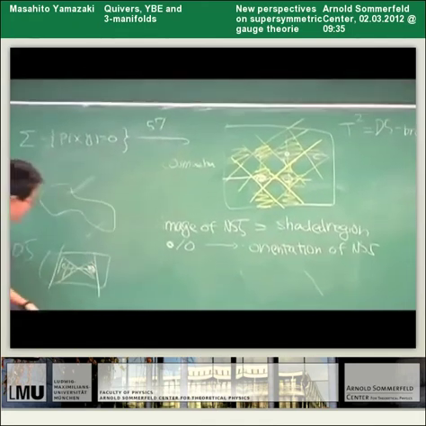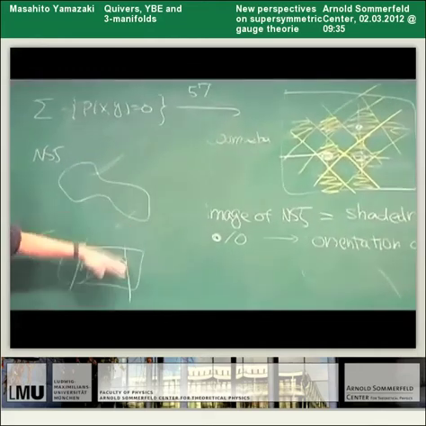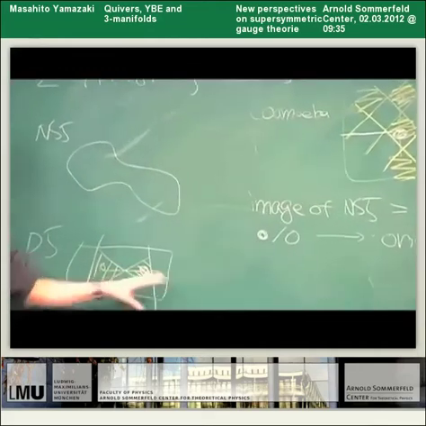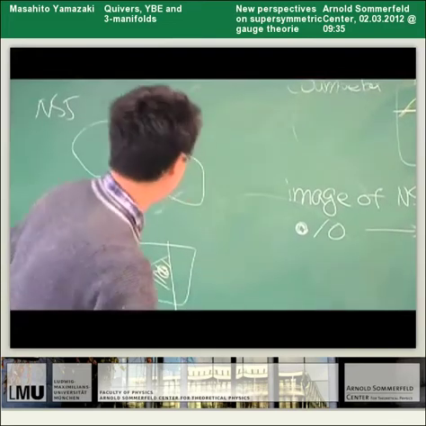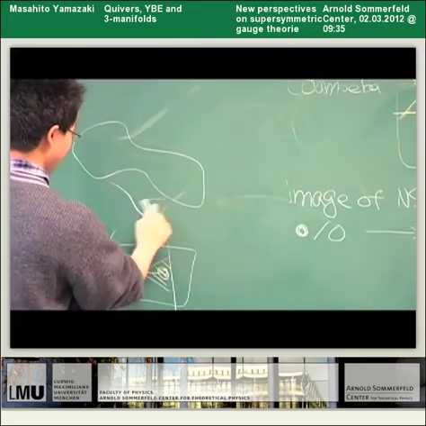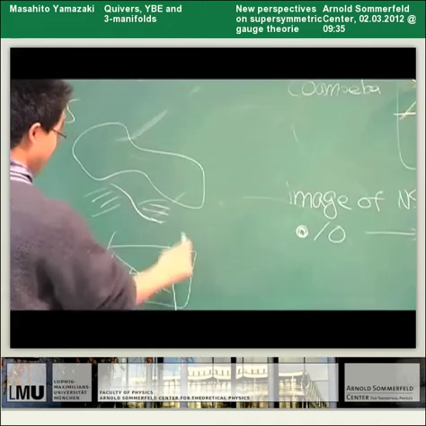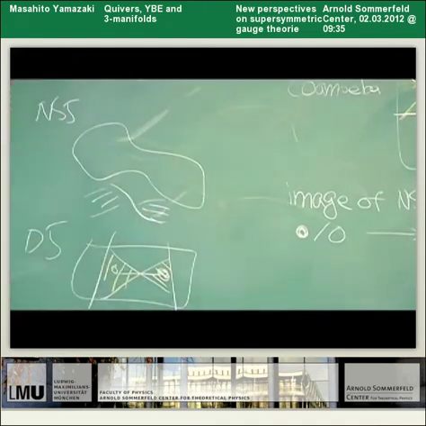In some regions, the orientation of the NS5 brane coming from the reduction is the same as the orientation of the D5 brane, or sometimes the orientation is reversed. So roughly speaking, whenever you have a graph like this, there is a twist of the shape of the NS5 branes, and you see the different shapes.